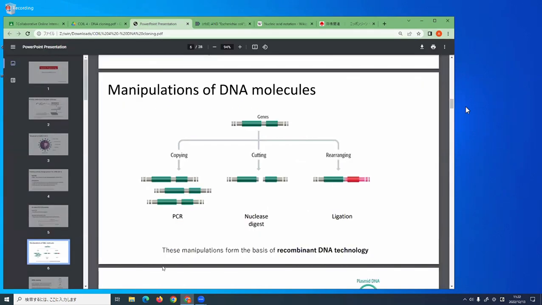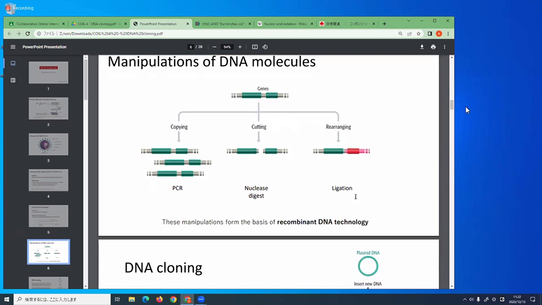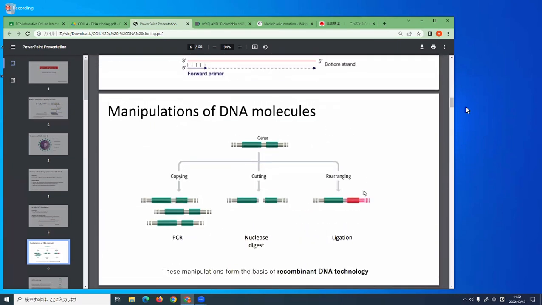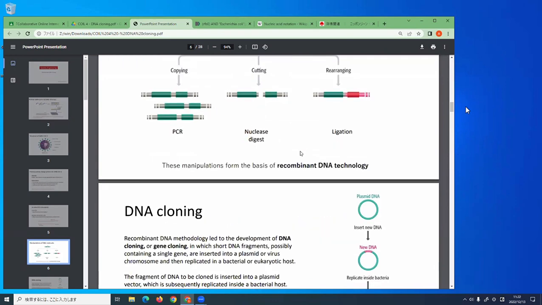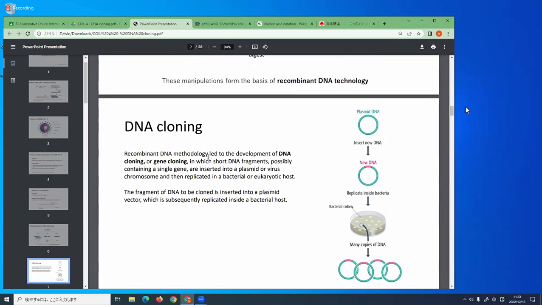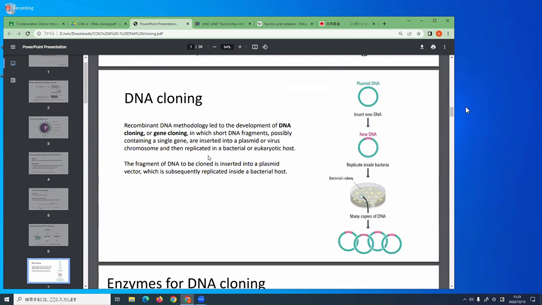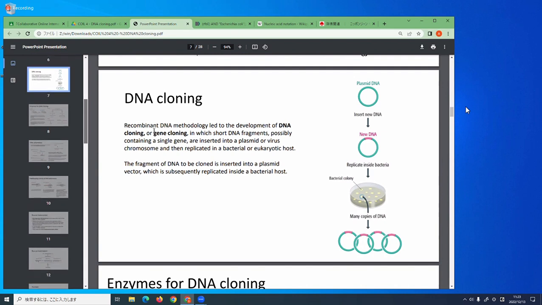So you can get the PCR enzyme, nuclease enzymes, and then the ligase enzymes readily from suppliers, whichever brands you like. And if you know how to use them, it's quite easy. In this class, we're learning about the theories of things, but practically it's also not that difficult. Right?